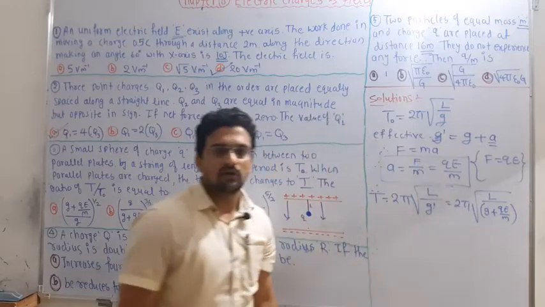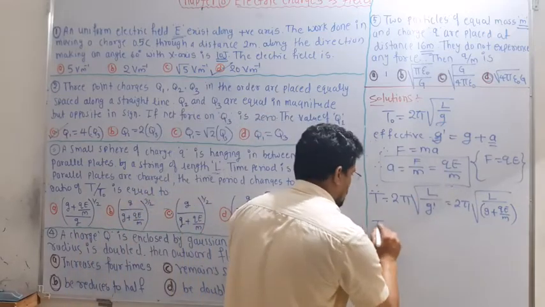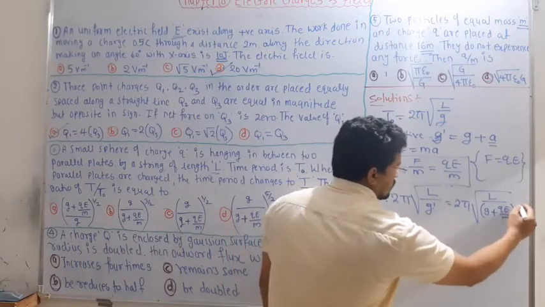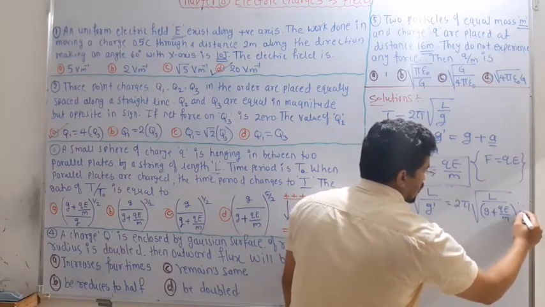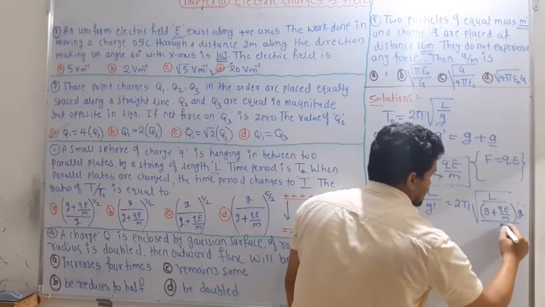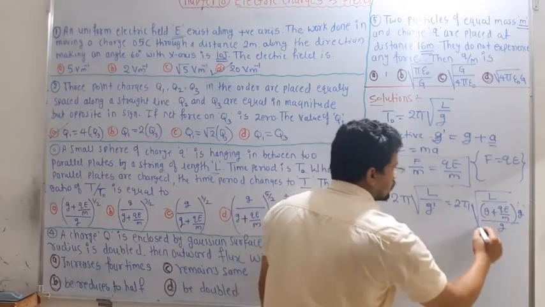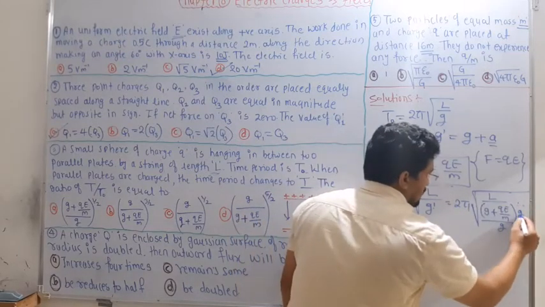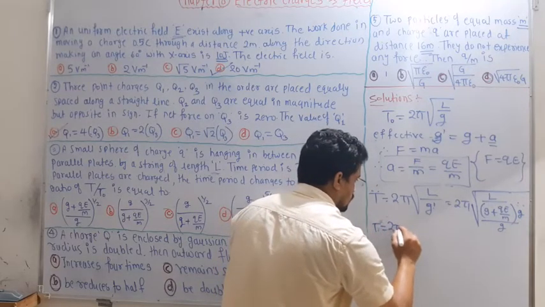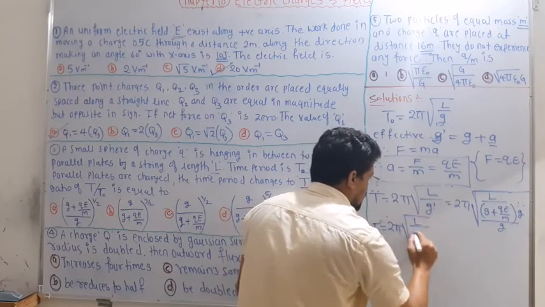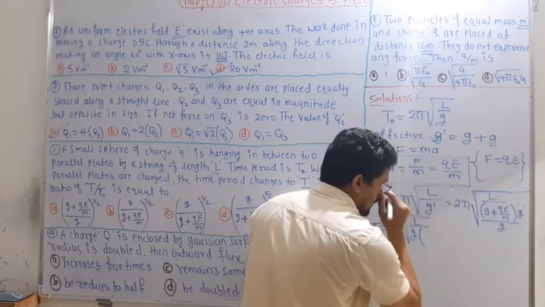Now just solve this. I will multiply and divide by g, everything under the root. So it becomes 2 pi under root of L by g.